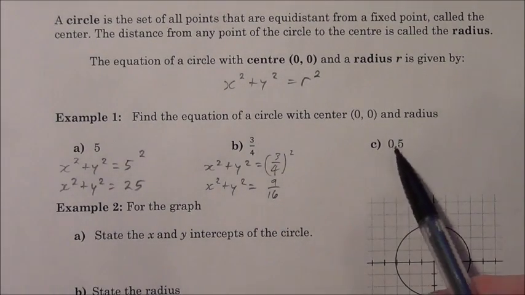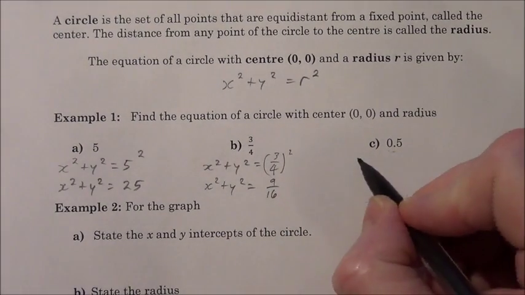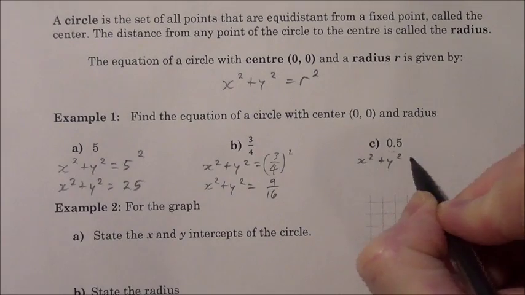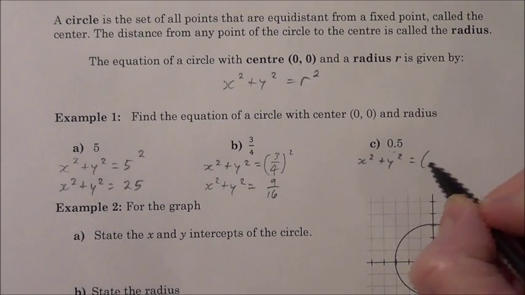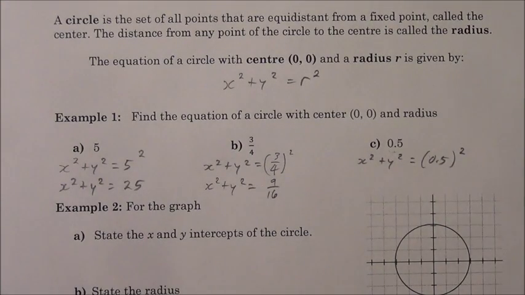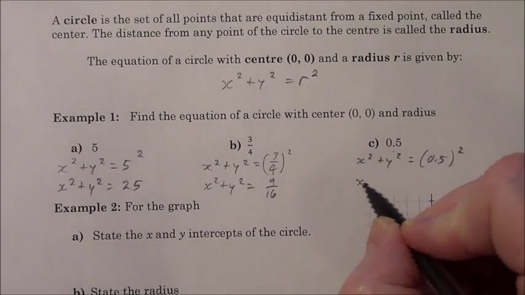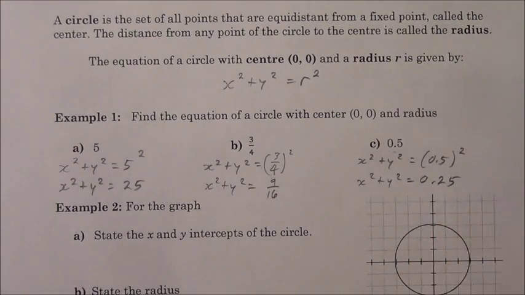And then we move on to the radius of 0.5. Again, the same formula, x squared plus y squared equals r squared. In this case, r is 0.5. And then we can just simplify that, so we get x squared plus y squared equals 0.25.